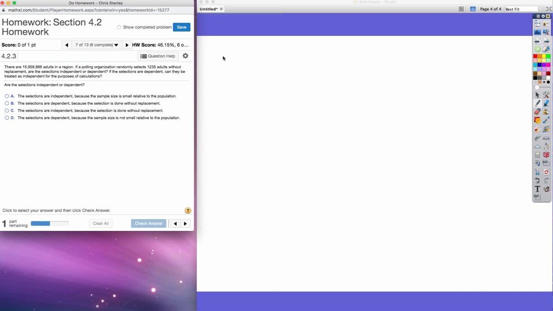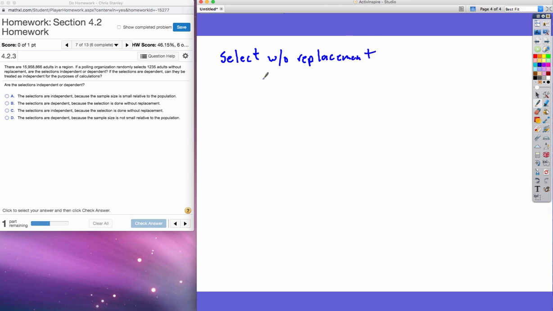I didn't go over this. I talked about this in class a little bit, but there's a rule out there that says you could select without replacement if you take the sample size, which is little n, and multiply it by 10, and that product is less than the population size, which we'll call capital N sometimes.